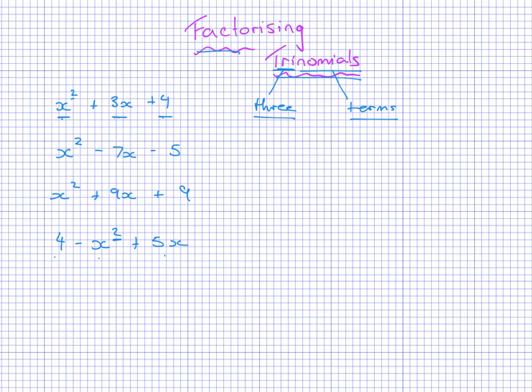Now we're looking at factorising them, which is how we're going to go from this form into a form that has 2 brackets. If you've forgotten, the reason we would do that is because the factorised form shows us the x-intercepts, which is what we need to sketch a quadratic.